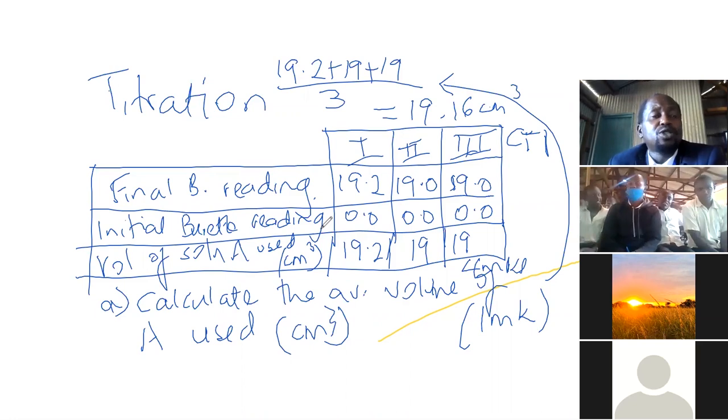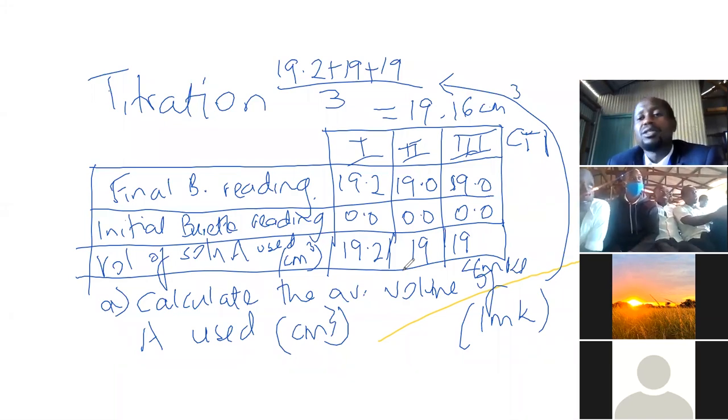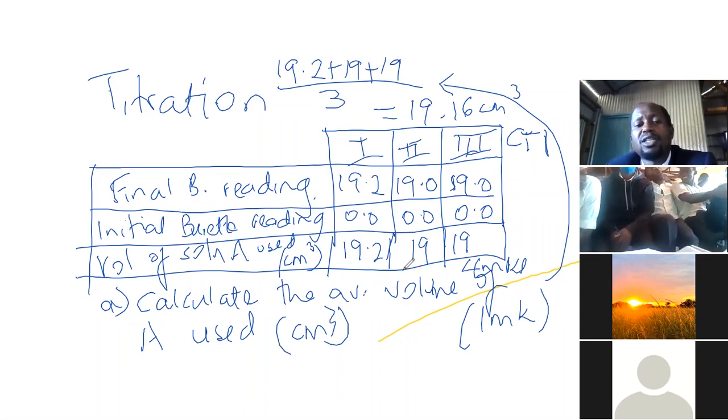If any of your values, maybe you have interchanged the 0 to be at the top, then it's treated as an inverted table and penalized half a mark. The third penalty is unrealistic values. Your burette goes up to 50 cubic centimeters.